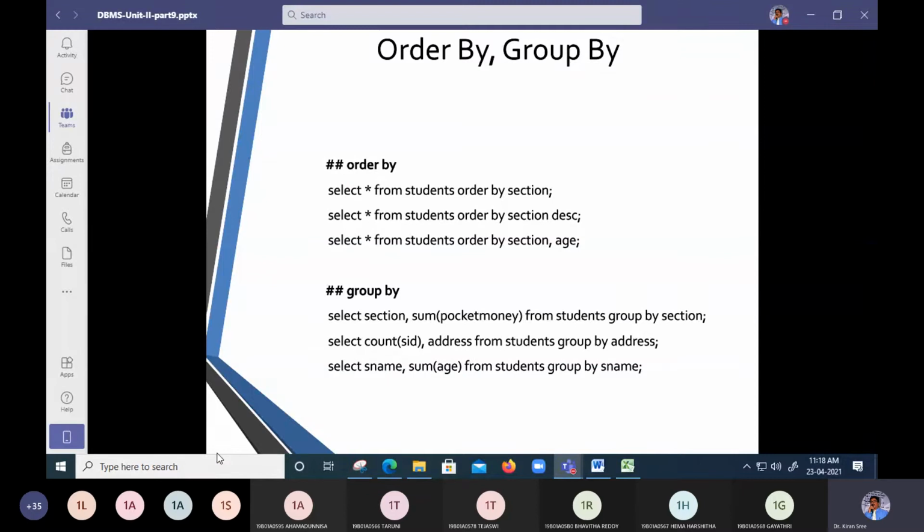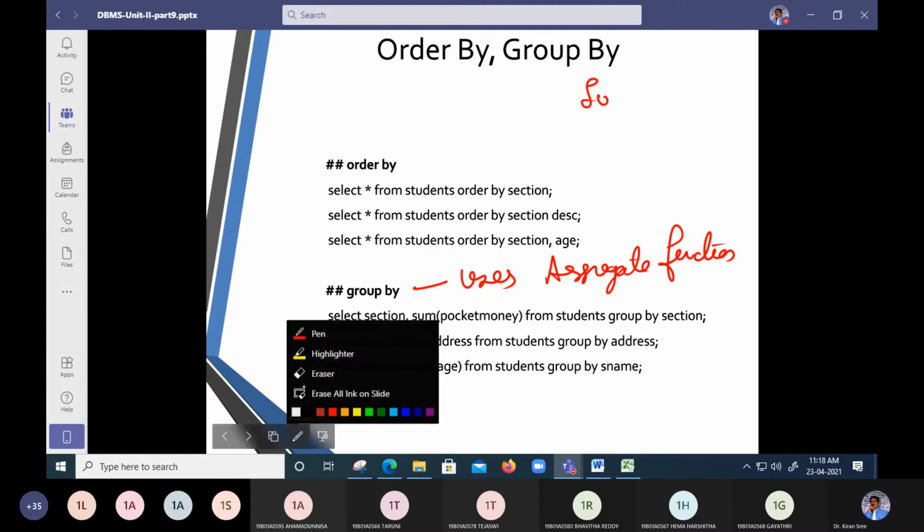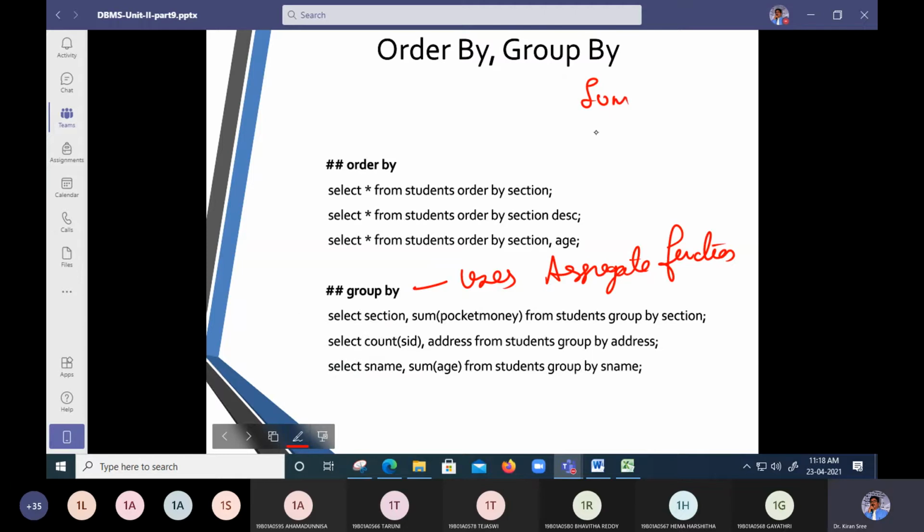When we are going to make a group by command, it is going to use aggregate functions. What are aggregate functions? It can be sum, it can be count, it can be average, etc. Assume I have 100, 200, 300 and the value was amount here.